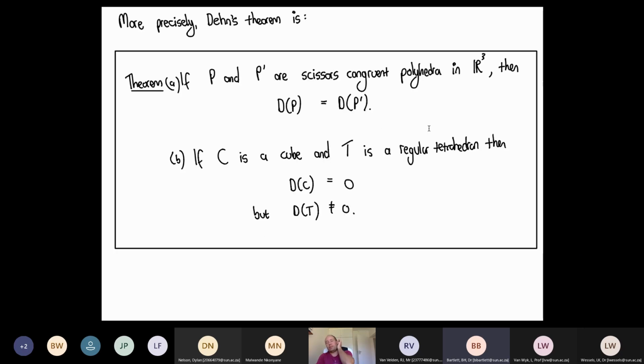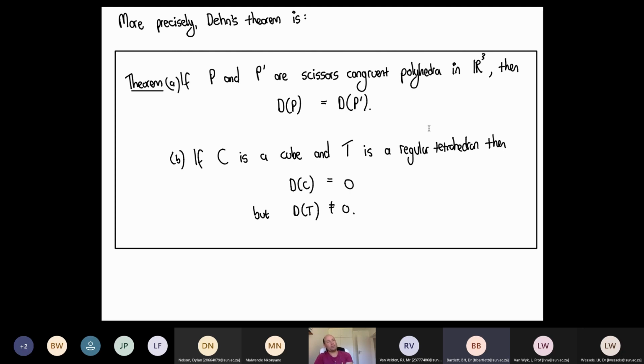Okay, so you might have been lost a little bit there, but stay with me. So more precisely, Dehn's theorem is as follows. Firstly, if P and P prime are scissors congruent polyhedra inside R3, then the Dehn invariant of P is equal to the Dehn invariant of P prime. So that's why we call it an invariant, because it's invariant under scissors congruence.